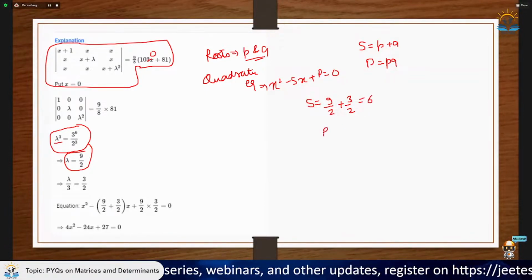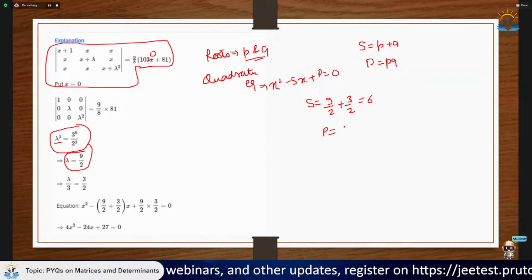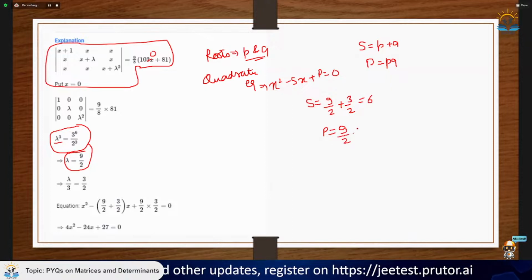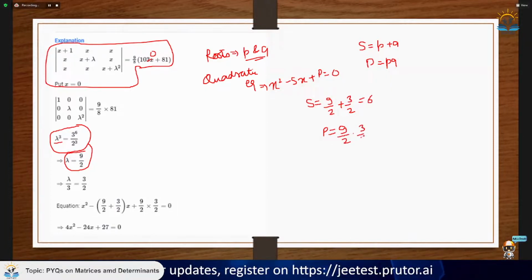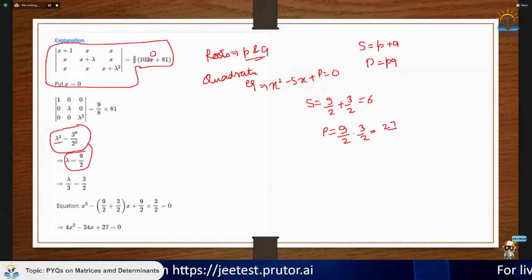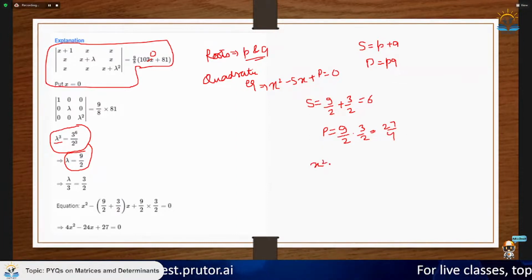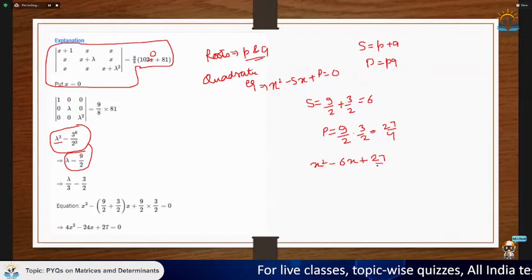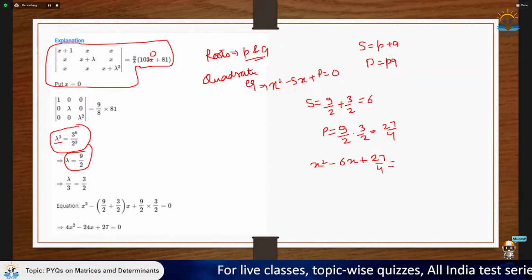And capital P is the multiplication of both, which is 9 by 2 into 3 by 2, that is equal to 27 upon 4. So I got my quadratic equation as x square minus 6x plus 27 by 4 equal to 0.